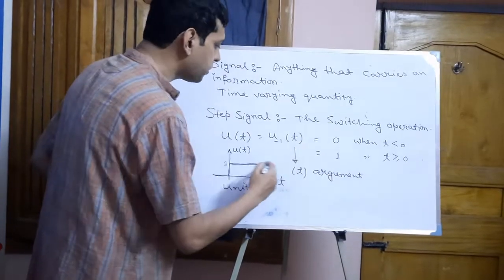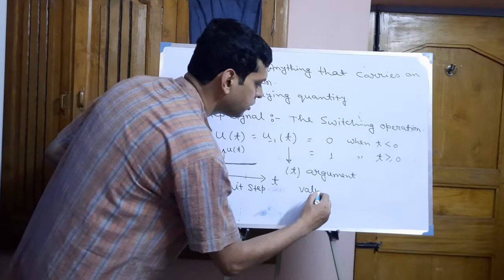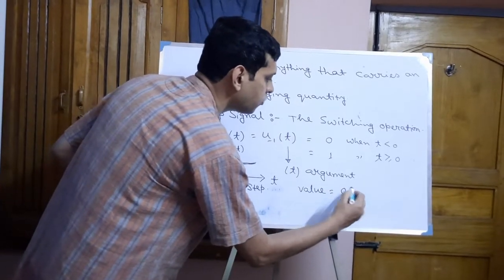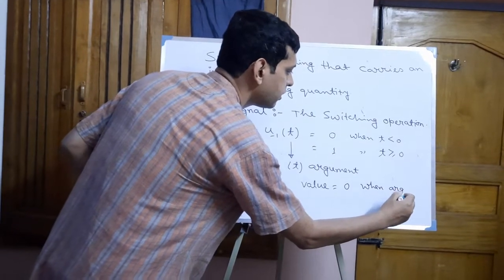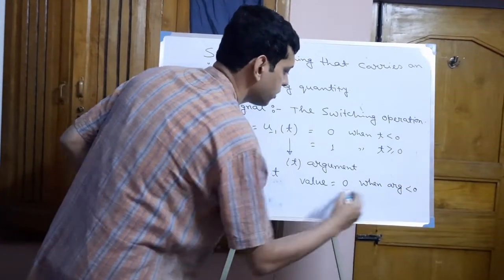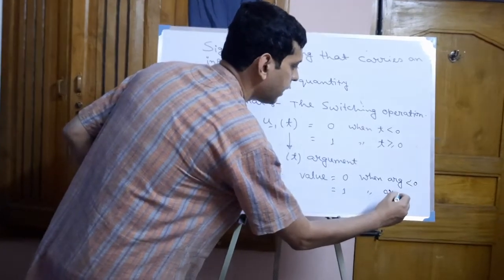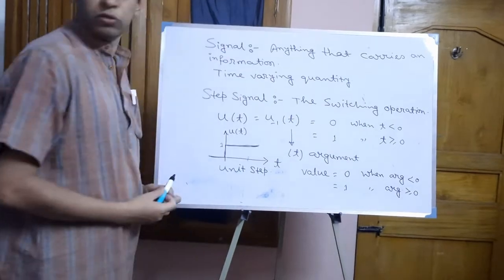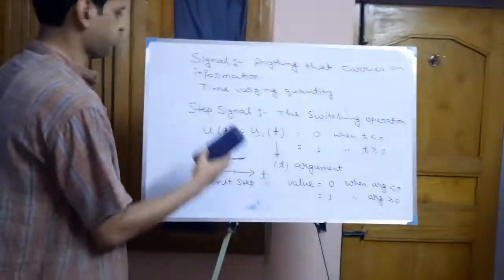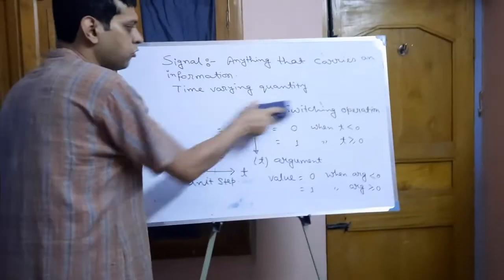Now, the value of the function or magnitude of the function is equal to 0 when this argument is less than 0 and this value is equal to 1 when the argument is greater than equal to 0. Now, follow this logic.